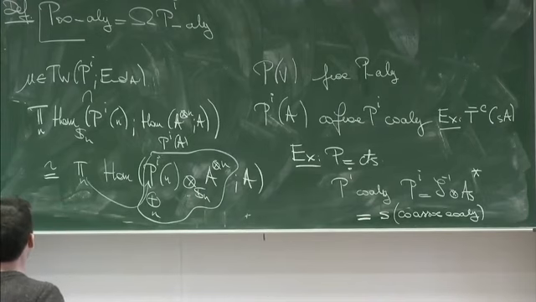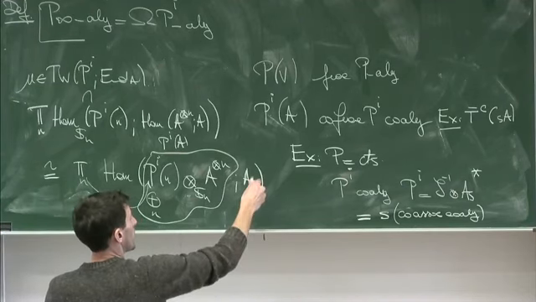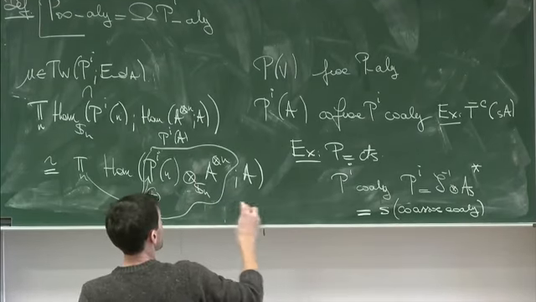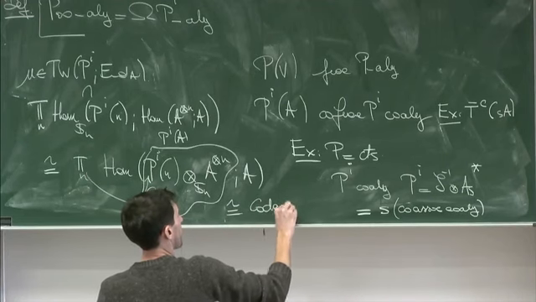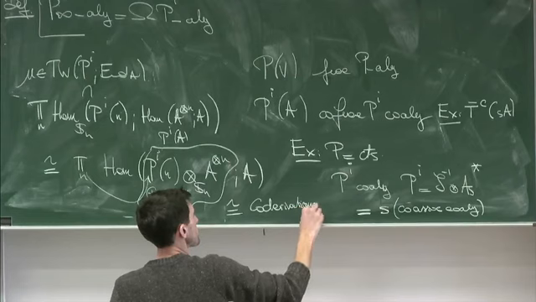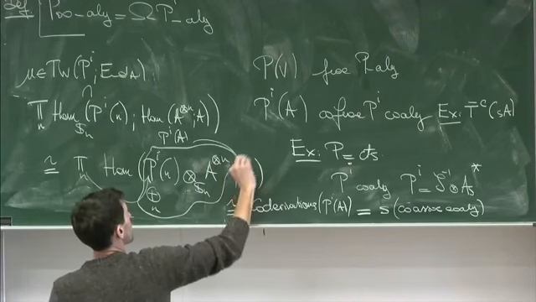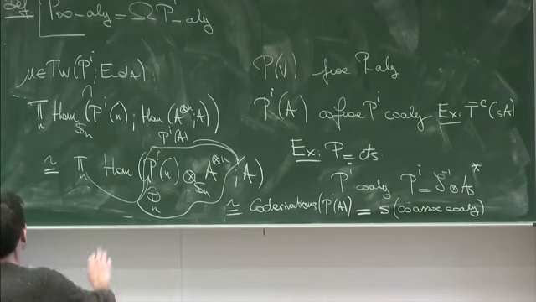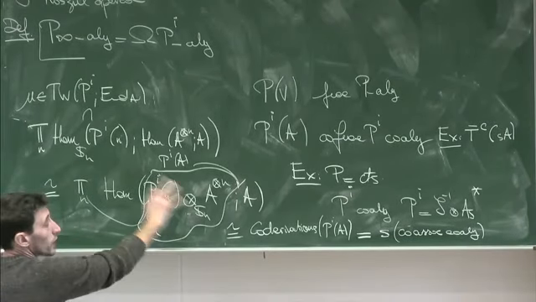Okay, so we are looking at maps from P anti-Schrick of A to A. But P anti-Schrick of A is a co-free coalgebra. Well, this is nothing but the space of co-derivations on P anti-Schrick of A. A co-derivation is completely characterized by its projection onto the co-generators. So far, I didn't write the Maurer-Cartan equation.